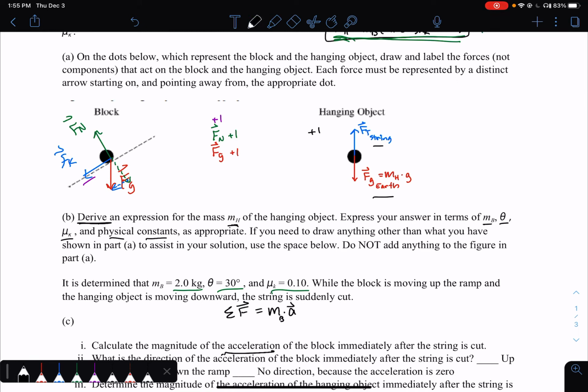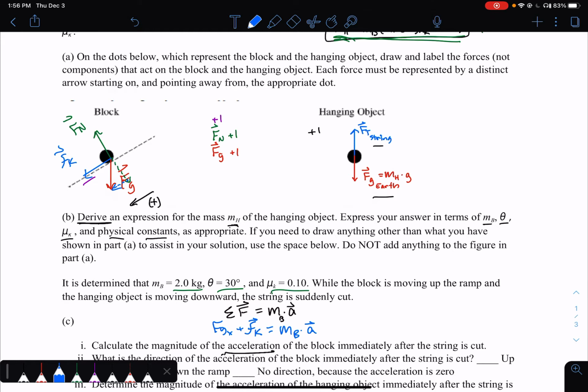Now, you can make your life a little bit easier by saying, okay, well, down the ramp is positive. And then you would end up with FGX and FK working together to cause this acceleration down the ramp.